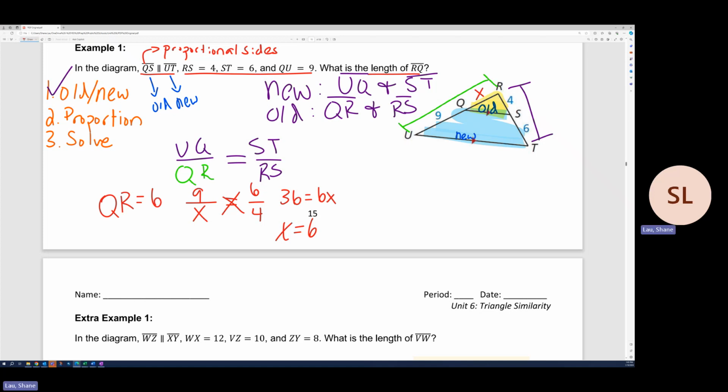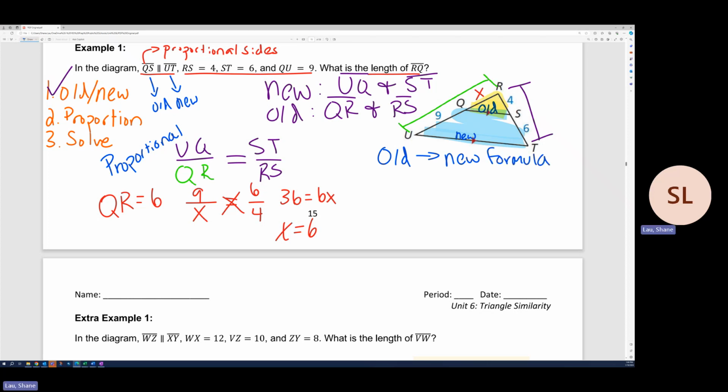Now, this is what I like to call the proportional way, the proportional way to solve it. However, I personally prefer a different approach, something that we have seen in the past. I don't really have a name for it, but I like to just say it's the old arrow new formula.